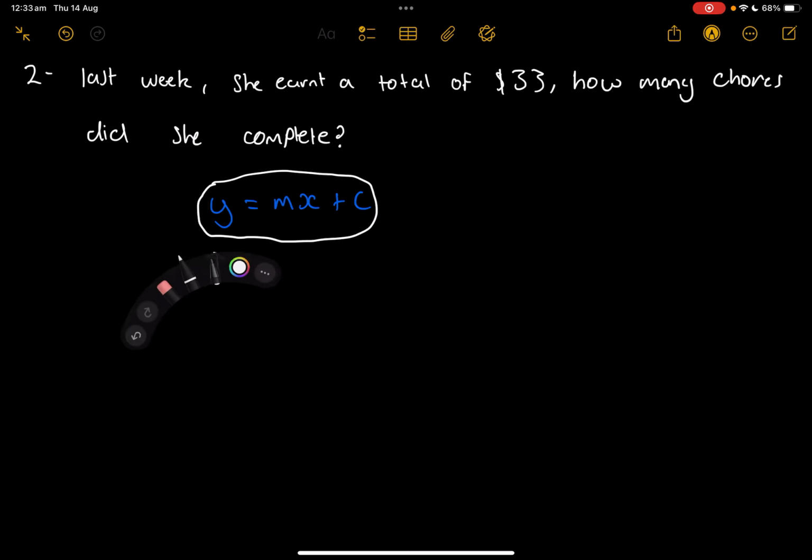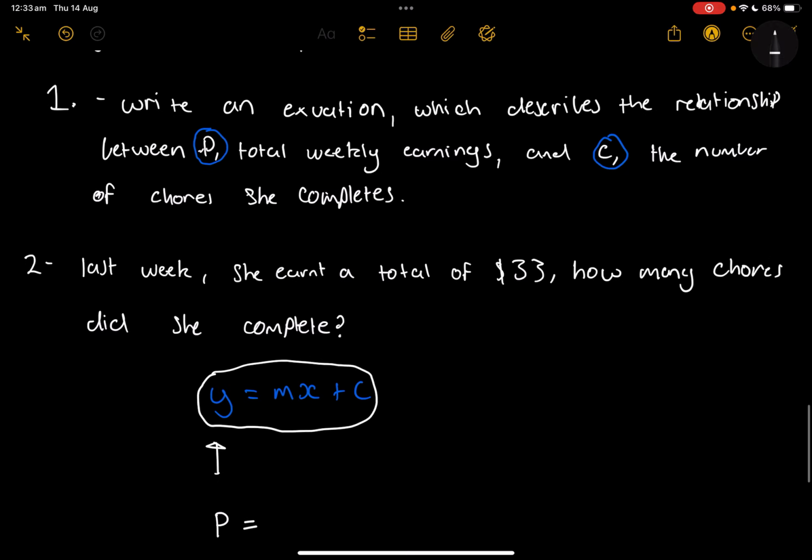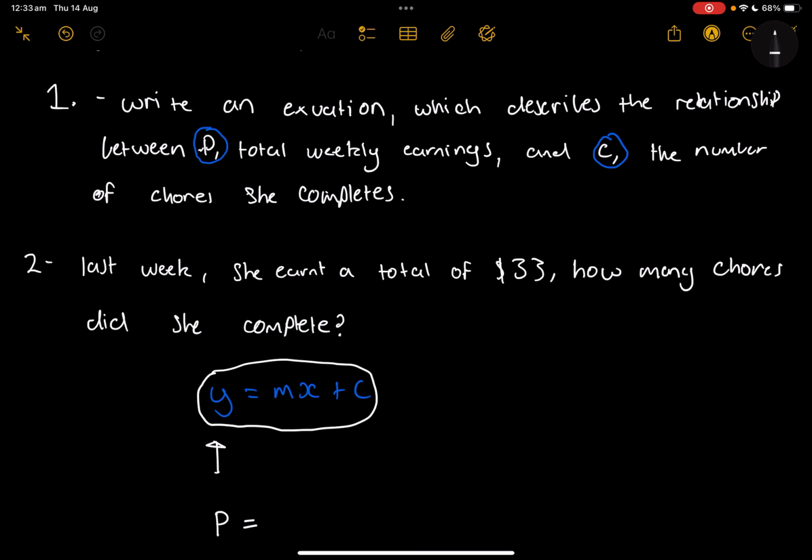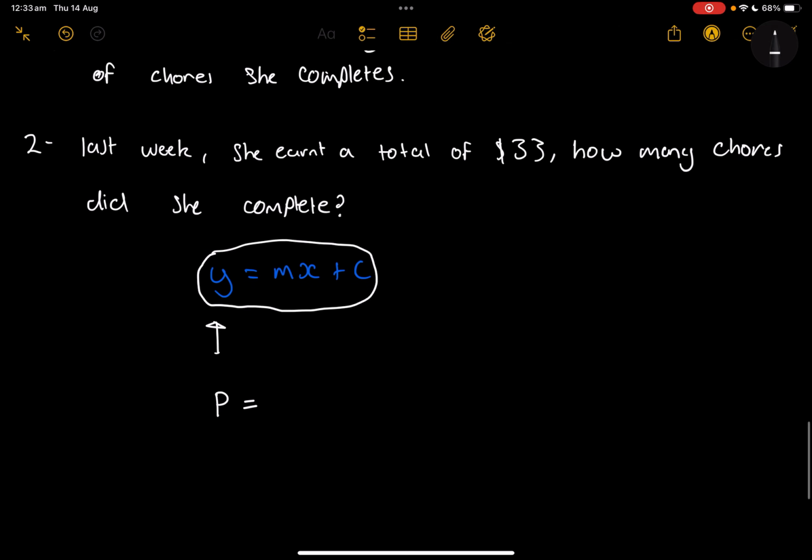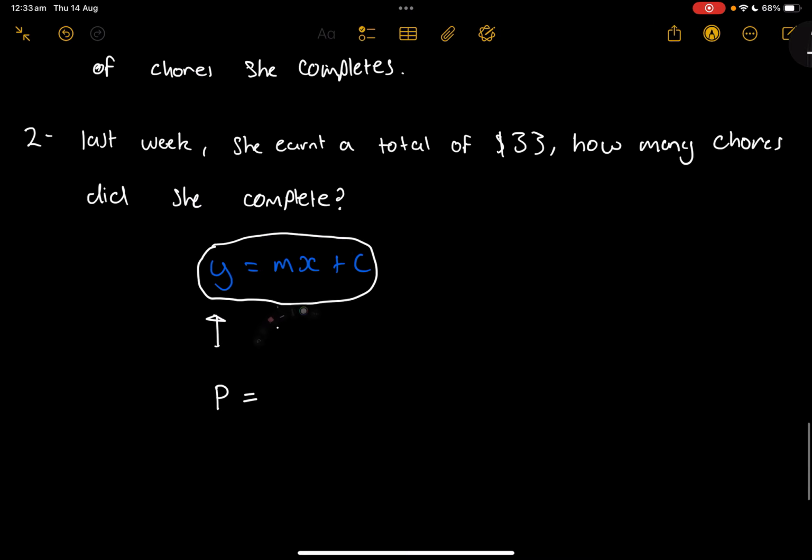So instead of the Y, you write P is equal to, instead of the M, you have this C here. The X will always be X.